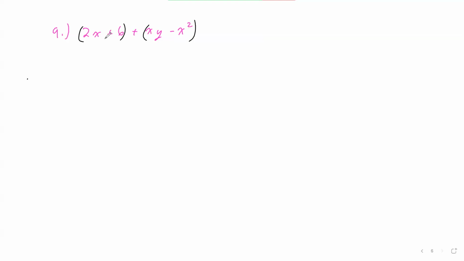Correct. So what's the common factor in the first one? 2. So then 2x divided by 2 would be x, because the 2's would cancel. And then 6 divided by 2 would be 3.